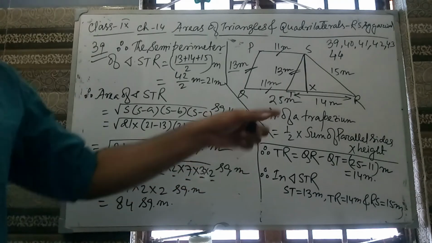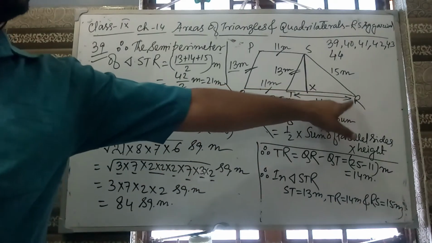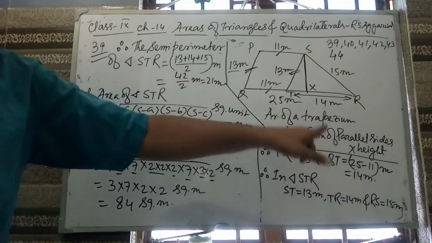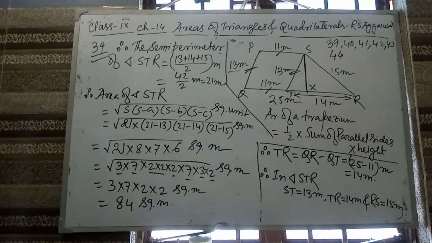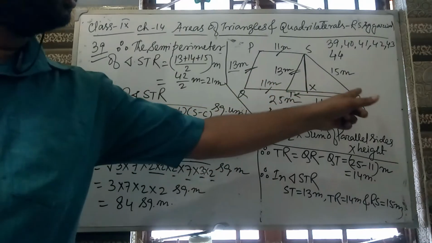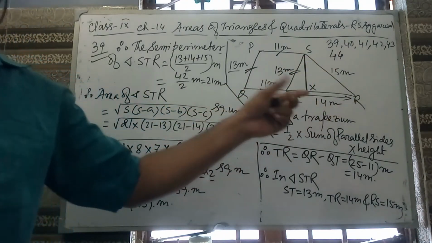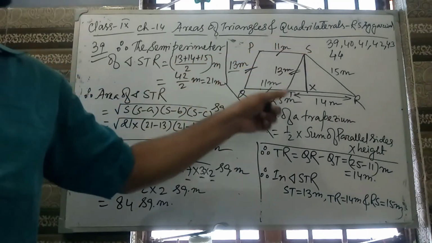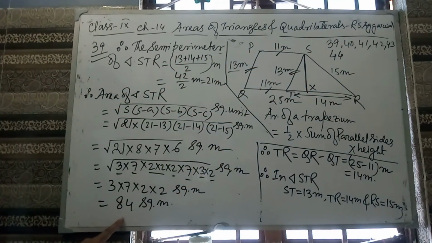So half into base into height gives you the area of a triangle. So half into base 14 into SX is the area of the triangle STR, which is equal to 84. We have just found it out. So we have to equate half into 14 into SX with 84.